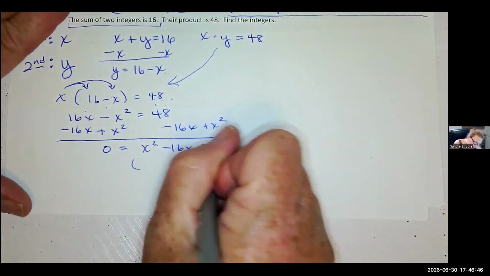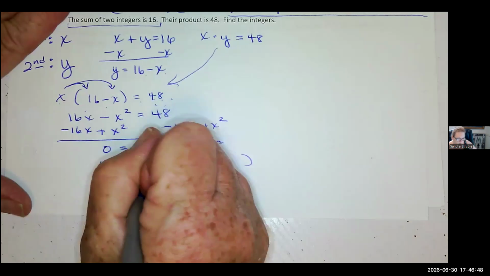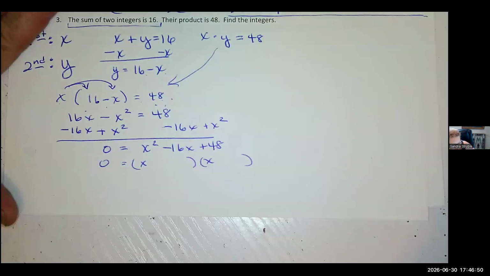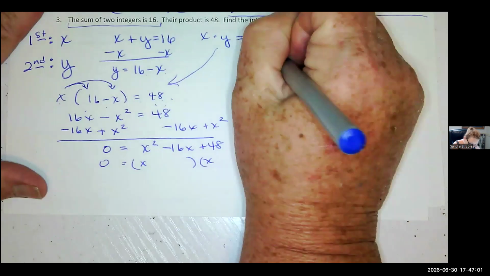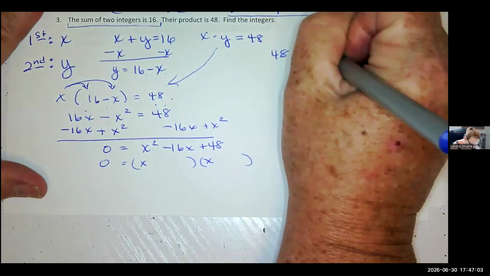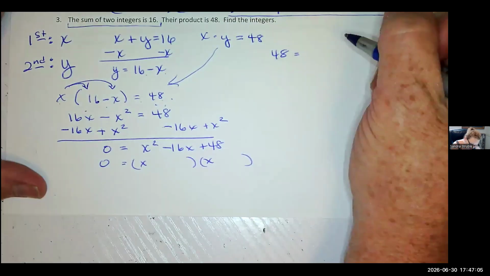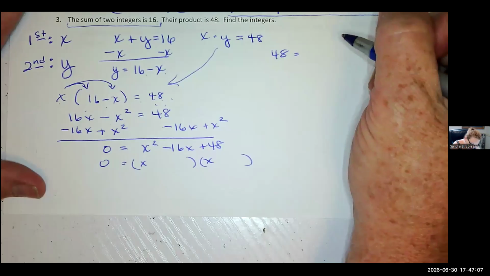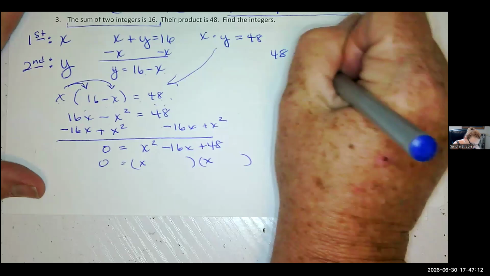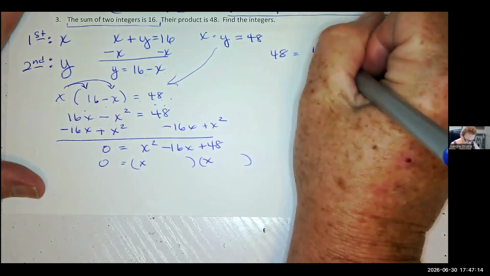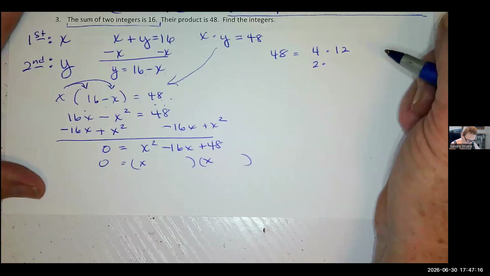All right, I need to know what two numbers multiply together to give me 48, but add up to give me 16. Let's see what the products of 48 are. 48 and 1 is not going to give me 16, so I'm not going to waste my time there. 4 times 12, 2 times 24.